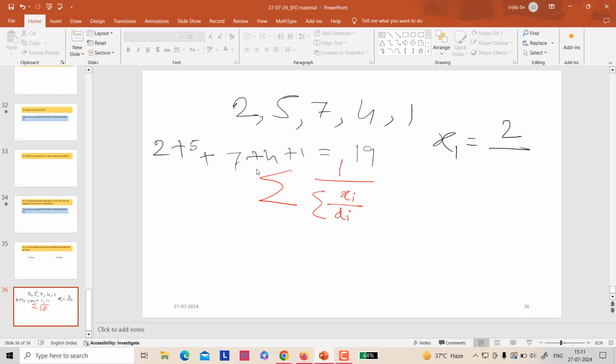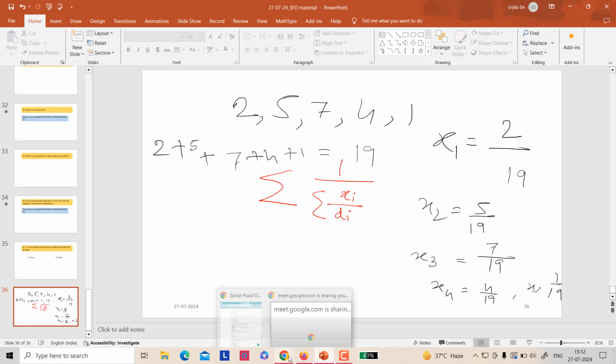So 2 by 19 will be x1, x2 will be 5 by 19, x3 will be 7 by 19, x4 will be 4 by 19 and x5 will be 1 by 19.